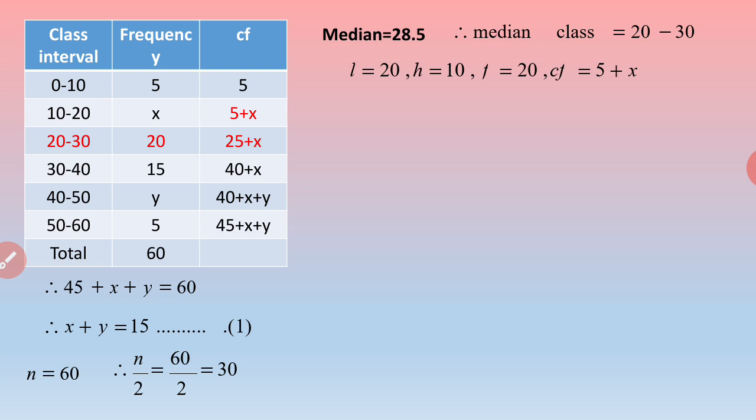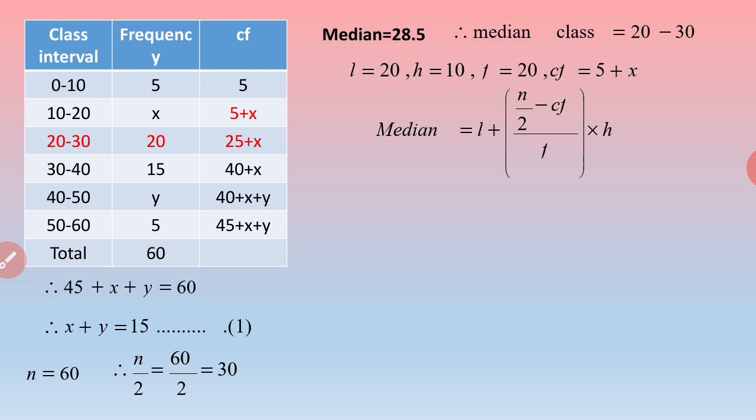Frequency always corresponds to the median class. So frequency is 20 in this case, and CF, that is cumulative frequency, precedes it. That's why it is 5 plus x.